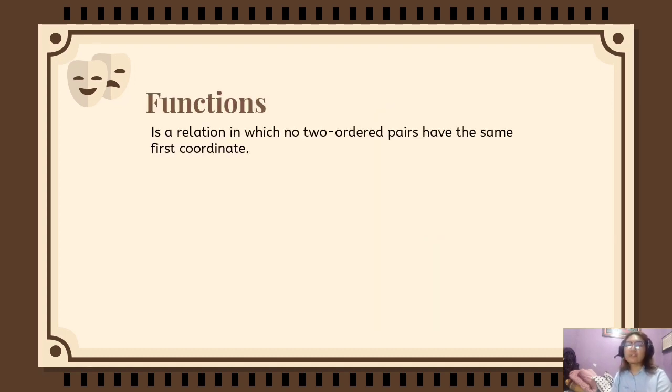A function is a relation in which no two ordered pairs have the same first coordinate. For this example, as we can see, walang kamukha ang first coordinate ng mga ordered pairs natin. So this is a function kasi wala siyang kamukhang first coordinate.